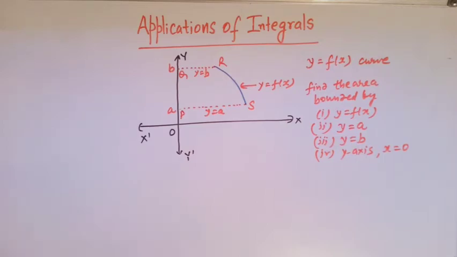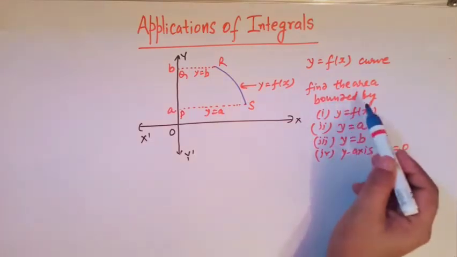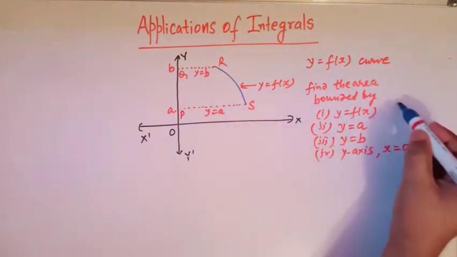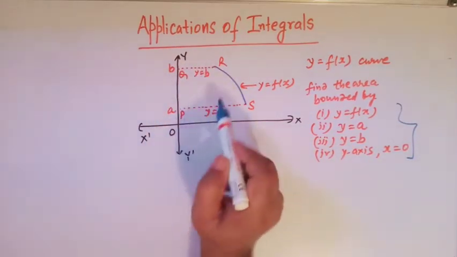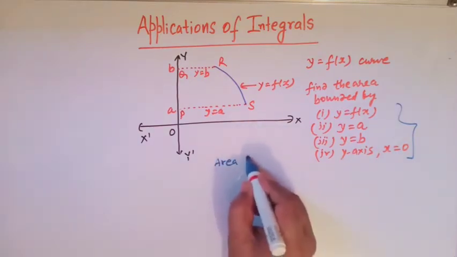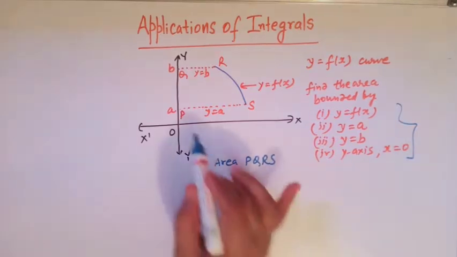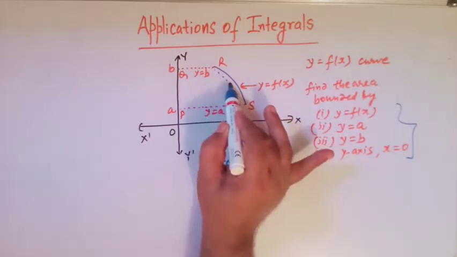So if we have to find the area bounded by these four curves, and the bounded area is the area PQRS, then what we will do is again divide this area.